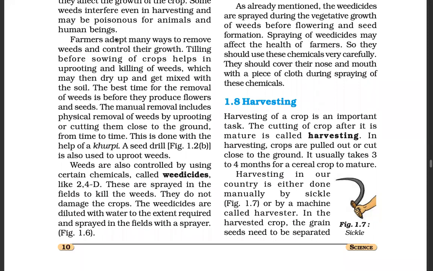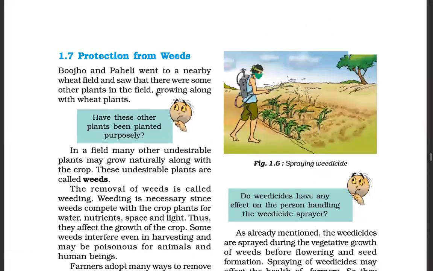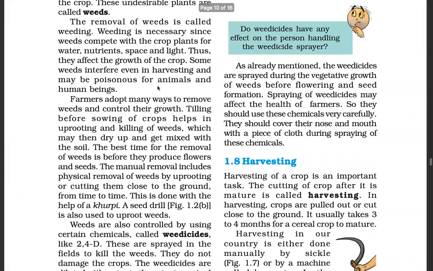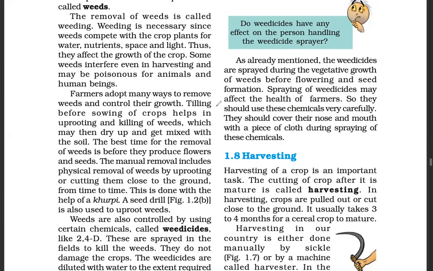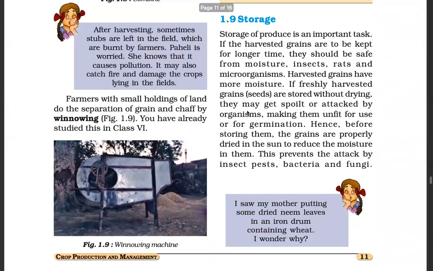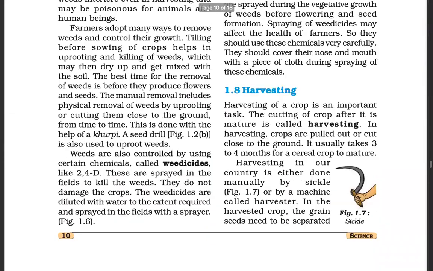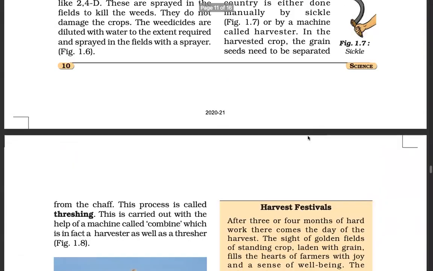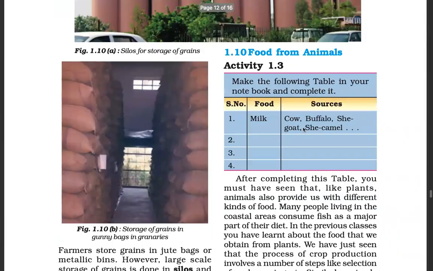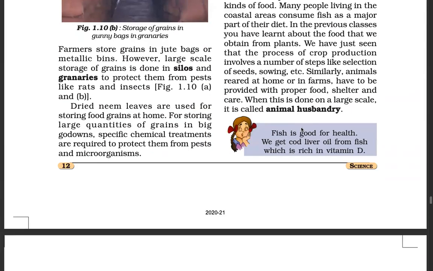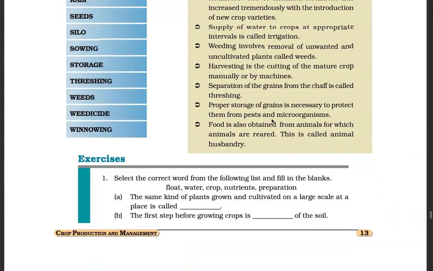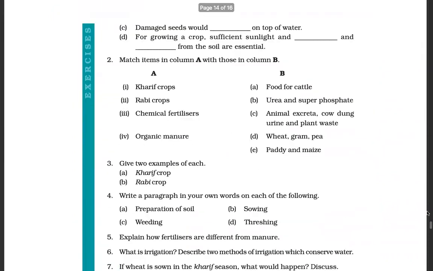In our next video we are going to read protection from weeds and the modern method. I should not tell you all this, from where to where, but I want you all to know about it. In our next video we will start from harvesting, then storage, and then our chapter is complete. Then we have one more topic, which is animal husbandry. Then we are going to start with exercise and question answers.